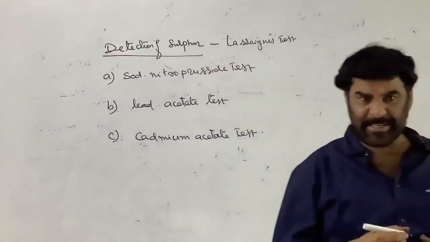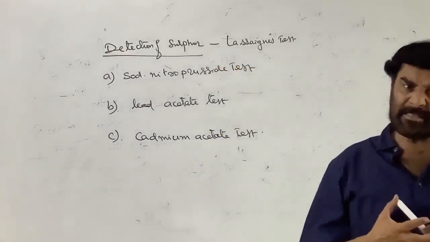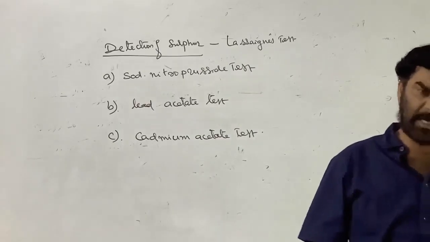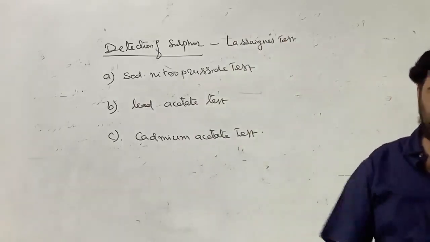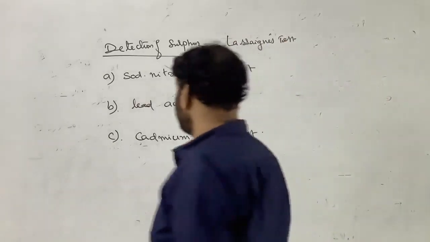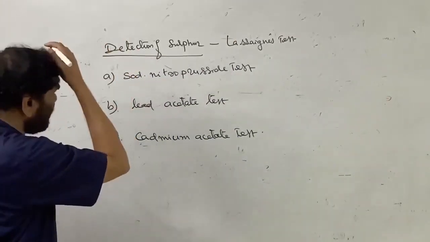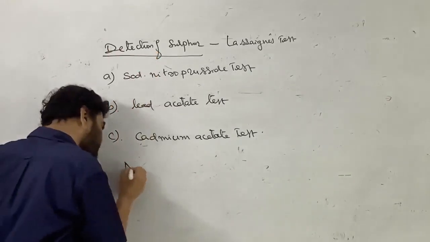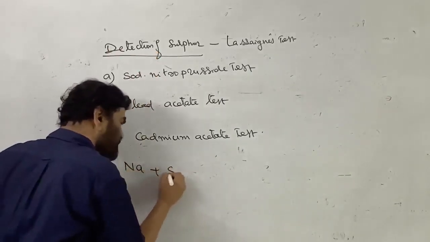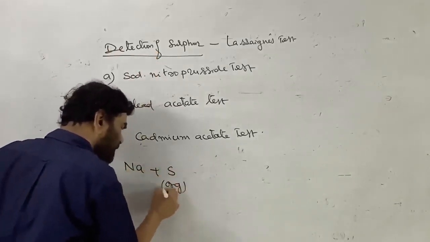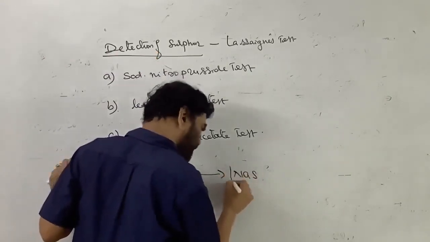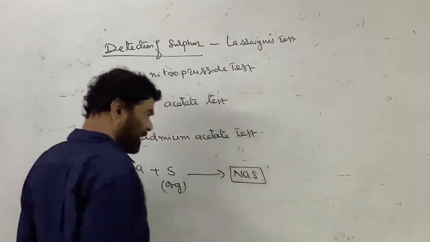If an element is detected by conducting the test on the Lassaigne's extract, the sodium extract, that is considered the Lassaigne's test for detection of that element. Here, if the given organic compound contains sulfur, during the sodium fusion the organic sulfur is converted into sodium sulfide, an ionic compound.